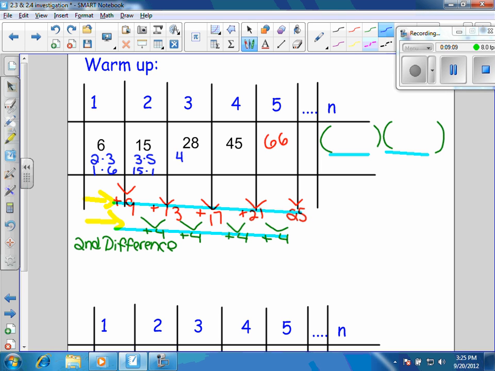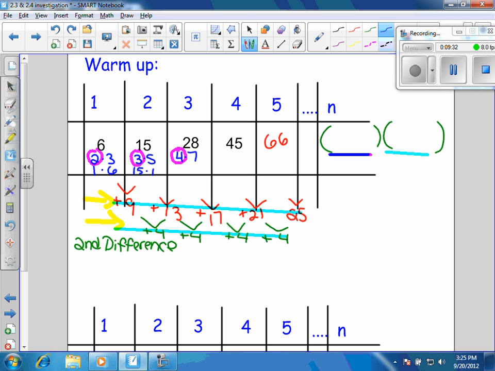4 times 7. Okay, now look, guys. If I take a highlighter out, do you see any patterns here? There's another one. 5 times 9, 6 times 11.